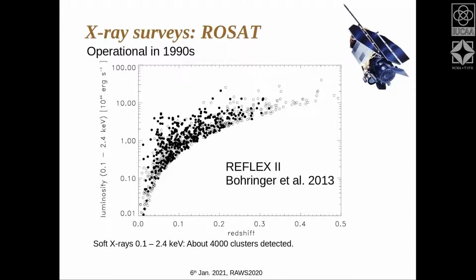Earlier, clusters were of course known from optical surveys, but this gave a good idea of the presence of the intracluster medium and its properties. This is luminosity versus redshift plotted for the clusters detected by ROSAT, and you can see that a large number of clusters are detected in the nearby region as compared to very high redshift, because these would be fainter at high redshift.